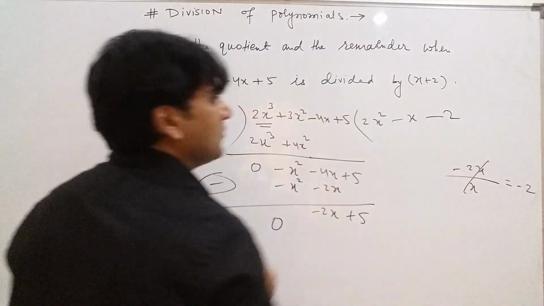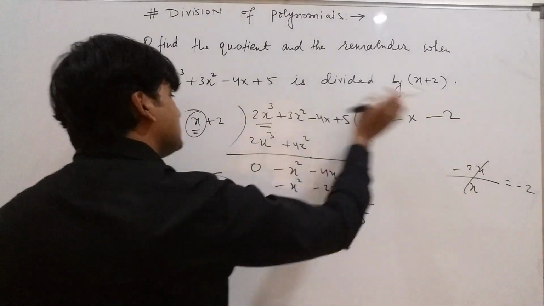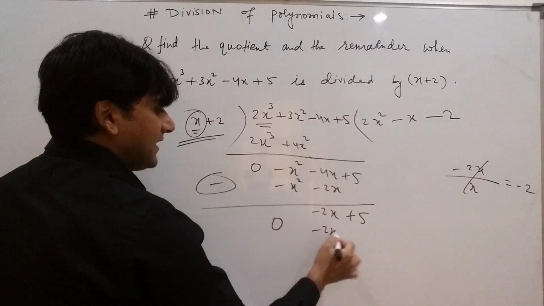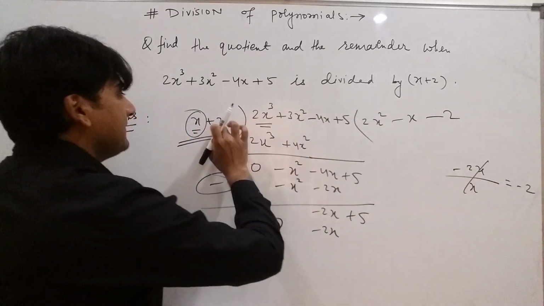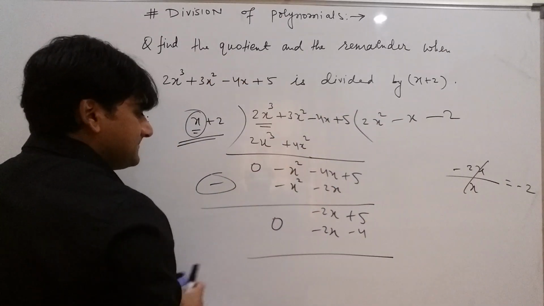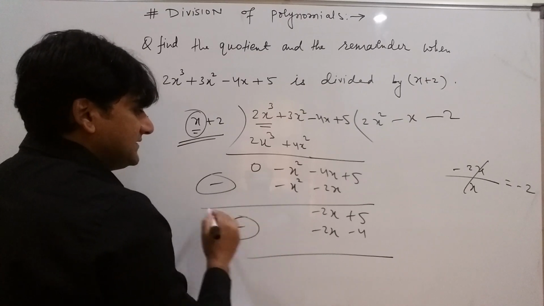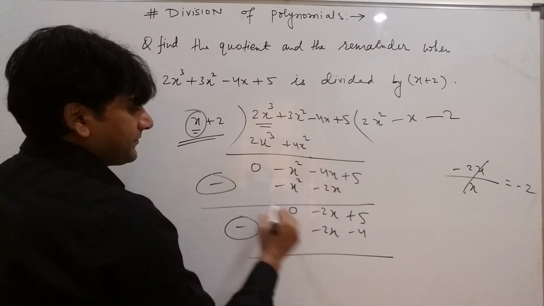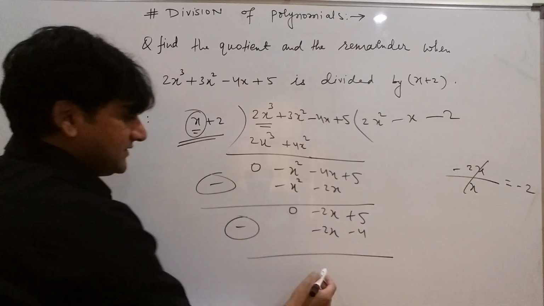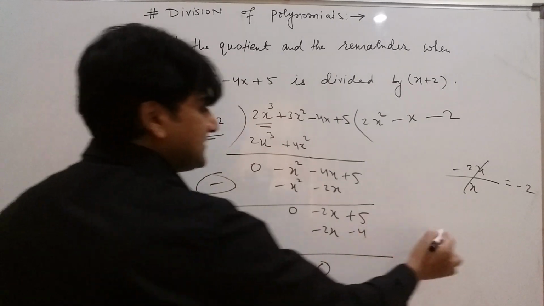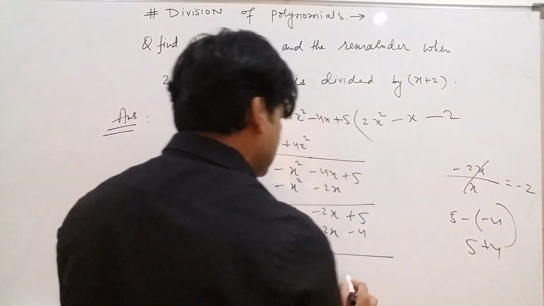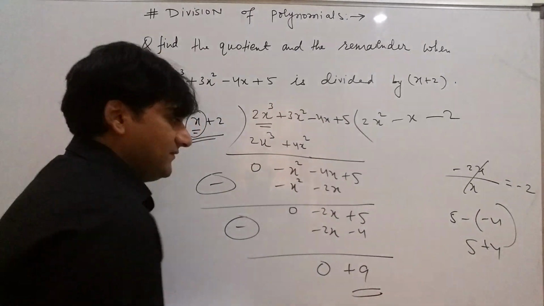I have to write minus 2 over there, and this minus 2 we have to multiply with these two. So minus 2 times x is minus 2x, minus 2 times 2 is minus 4. Now I have to take the difference. Minus 2x and minus 2x, difference is 0, and this is 5 minus of minus 4, which is 5 plus 4, which is 9. So I got 9, right?